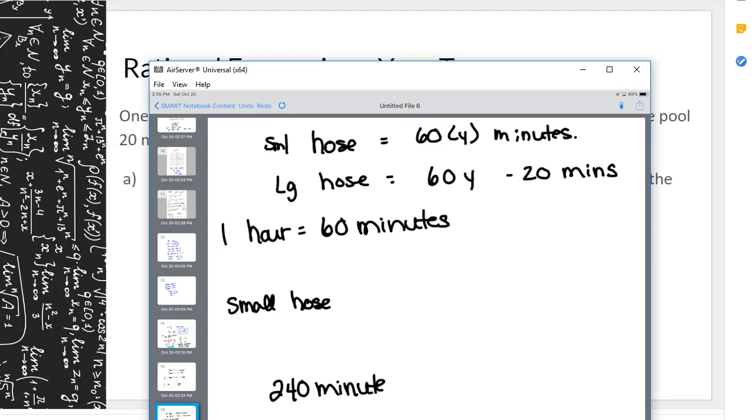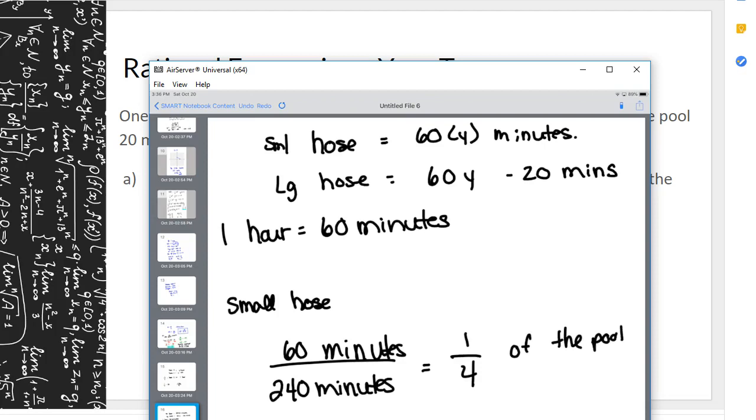But we're only using the hose for 1 hour, or 60 minutes. How much of the pool would be filled in 1 hour? Well, 1/4 of the pool. Okay, so I'm just trying to base this all on some logic, some thought about the entire process.